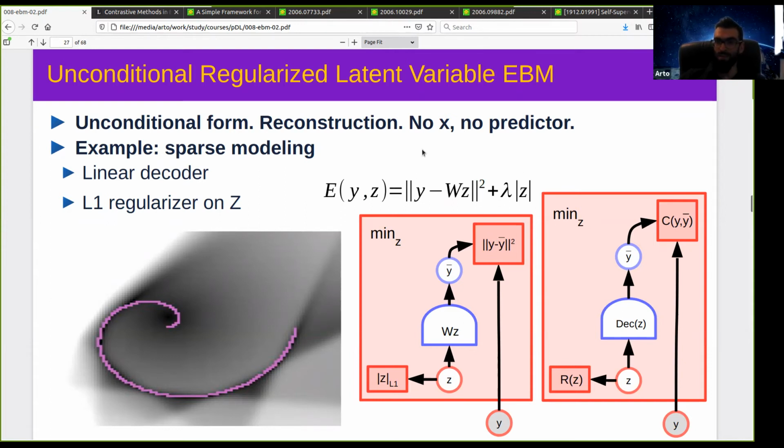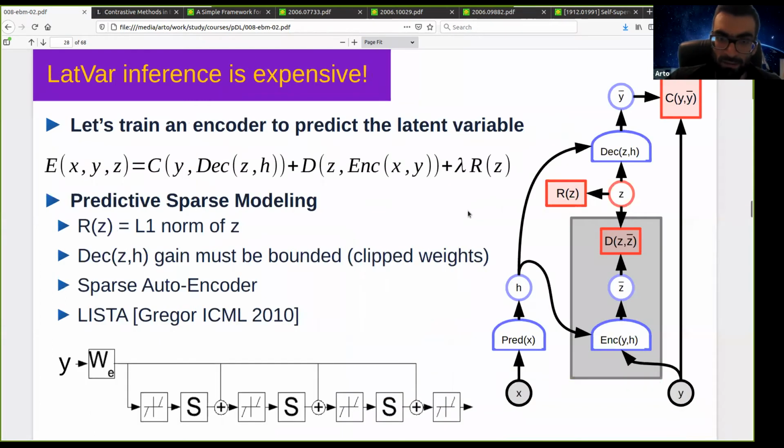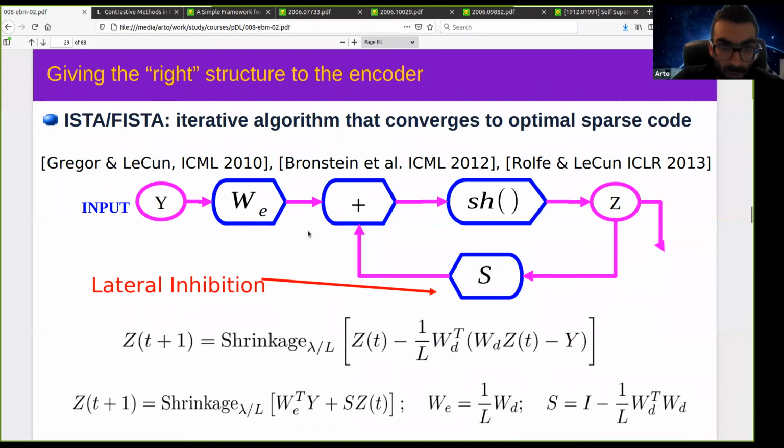This is a well-known problem in convex optimization, and there is an algorithm called ISTA. It is an iterative algorithm to minimize that E function over z.